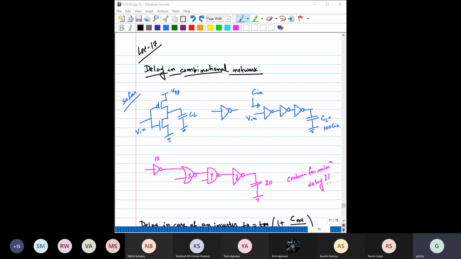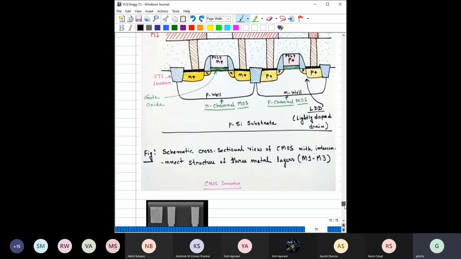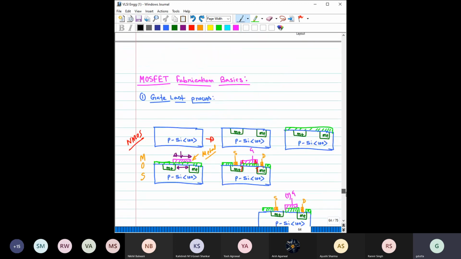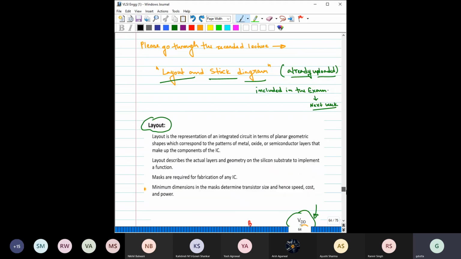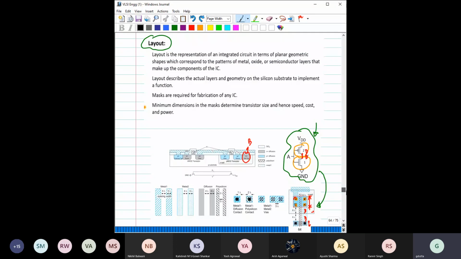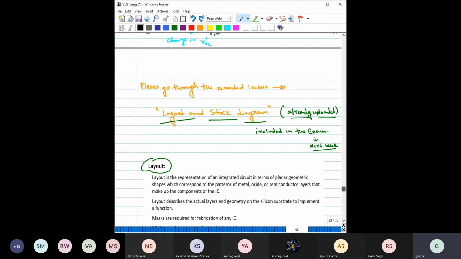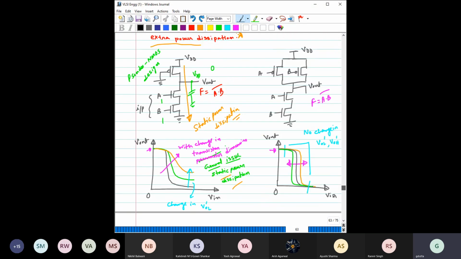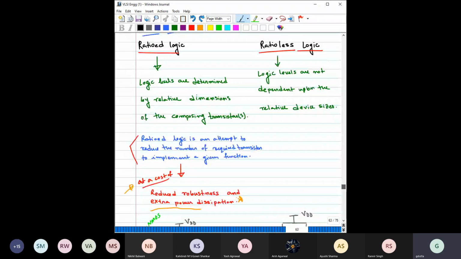In the last class, we discussed CMOS fabrication steps. Before that, I shared with you one recorded lecture on layout. We were also discussing ratioed logic and ratioless logic.